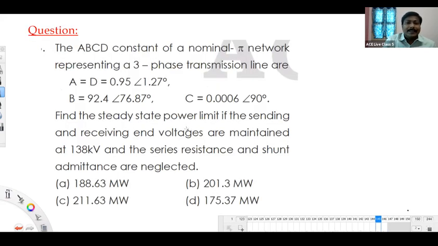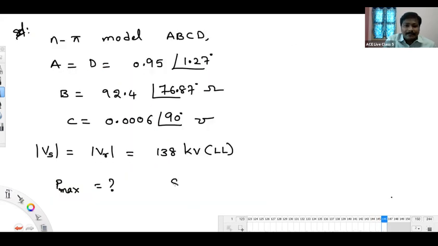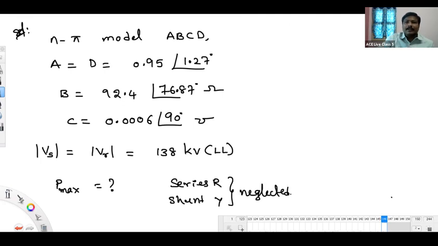Series resistance and shunt admittance are neglected.